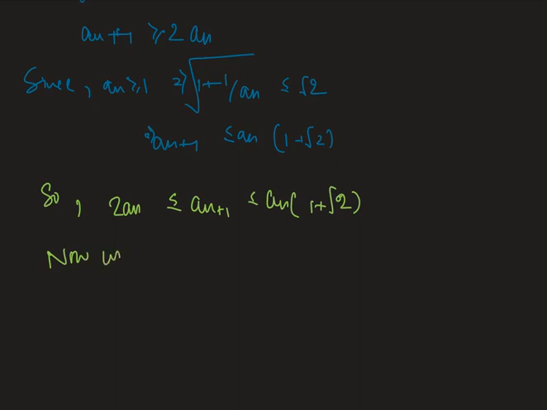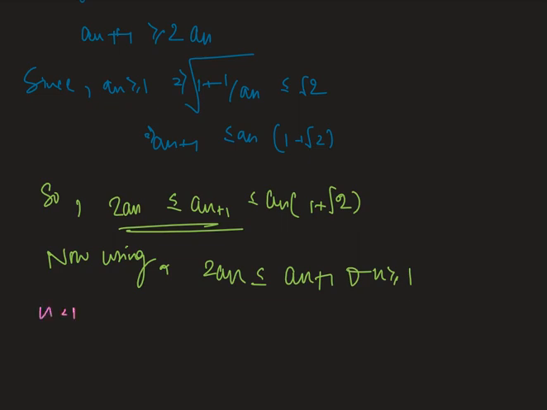Now using this portion, that is 2a_n is less than or equal to a_{n+1} for all n greater than or equal to 1, for n equal to 1 we get 2a1 is less than or equal to a2. For n equal to 2, we get 2a2 is less than or equal to a3.